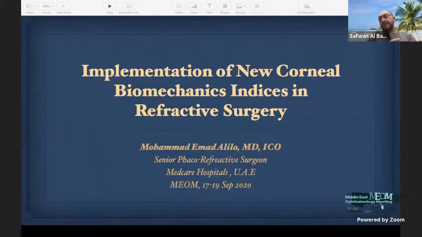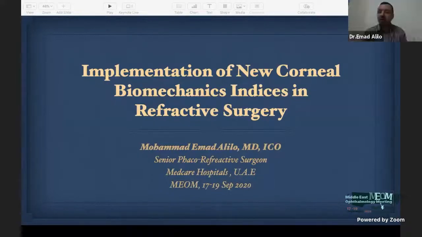Do you think we need to improve the static track system in this machine? Well, I do believe that in the next generation, iris registration will be there, and it will be quite a useful tool, especially when we are treating astigmatism.